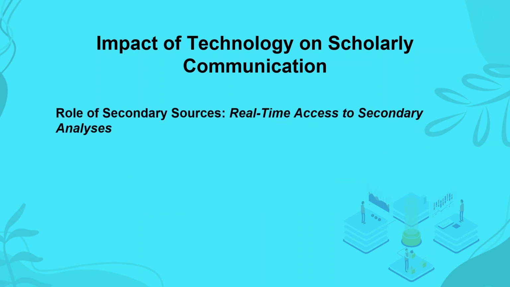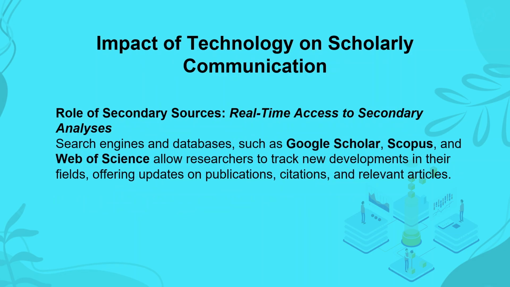Next, real-time access to secondary analysis. Search engines and databases such as Google Scholar, Scopus, Web of Science, etc. allow researchers to track new developments in their fields, offering updates on publications, citations, and relevant articles.